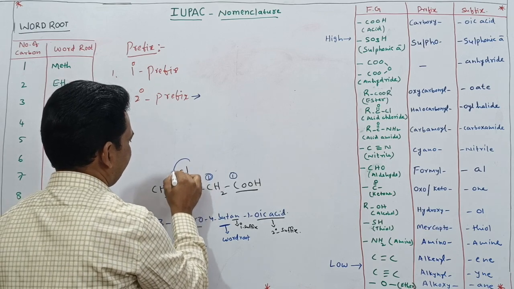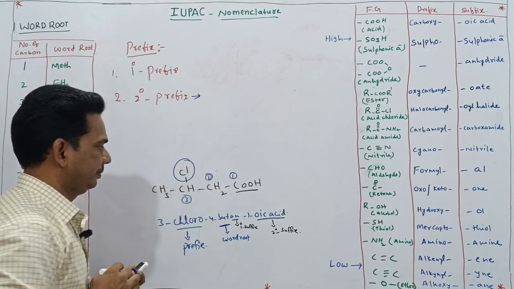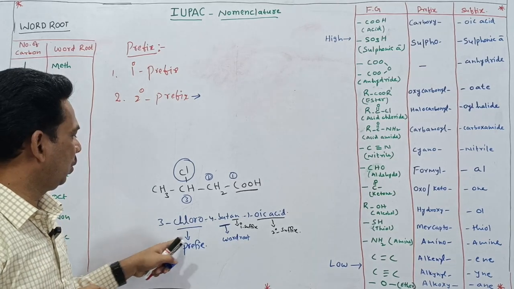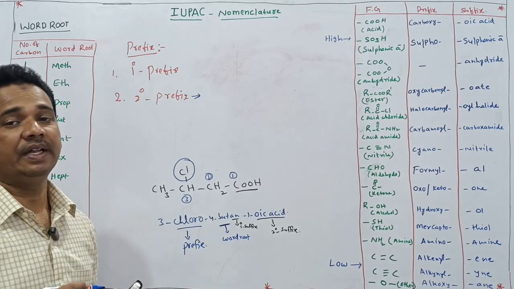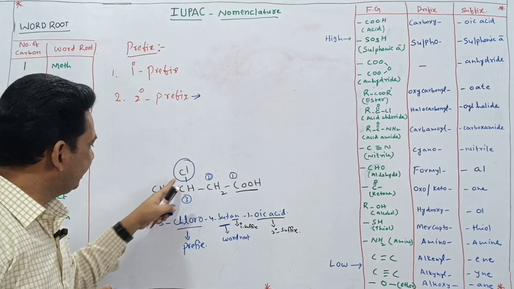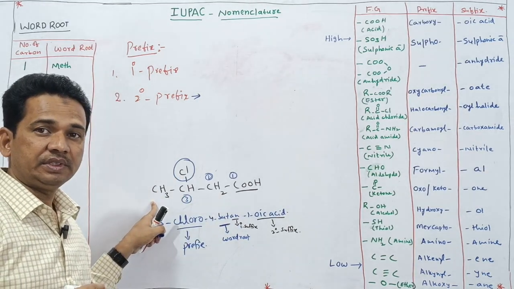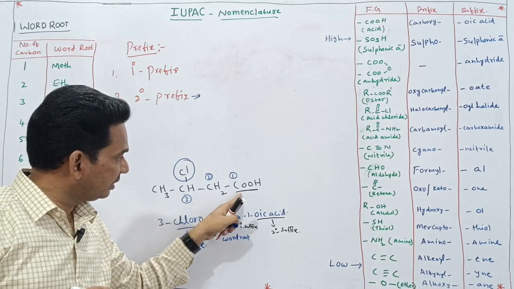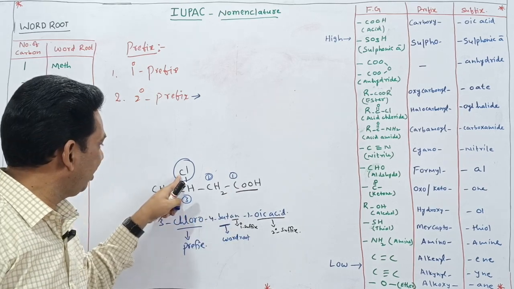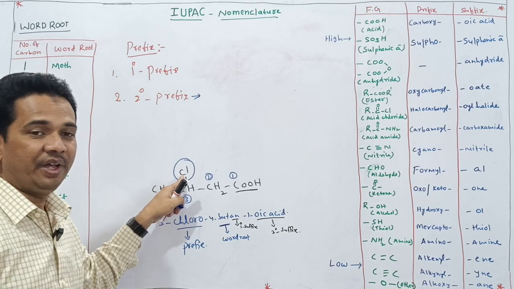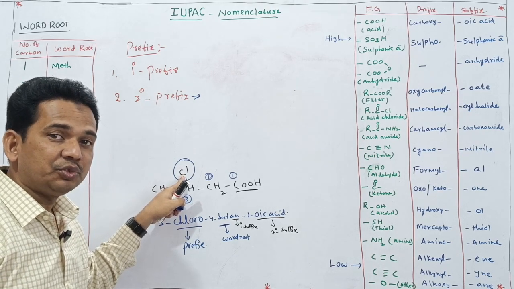Especially this halogen. Chloro is the secondary prefix. Is it part of this compound? No. Which is the part of the compound? This acid group. But this is not part of the compound; we are writing it as a substituent.